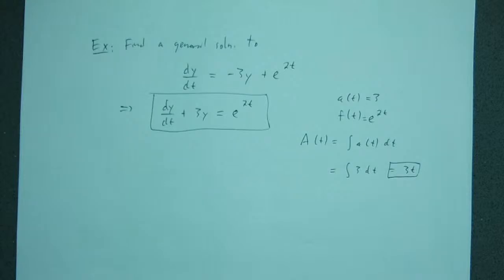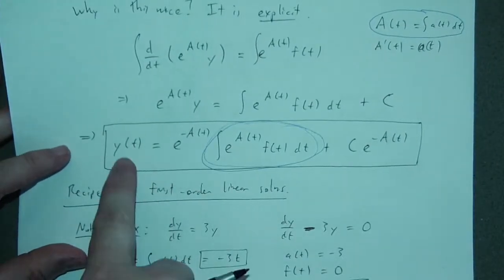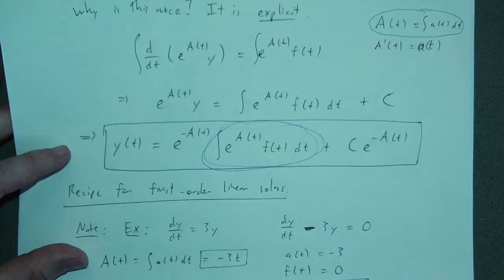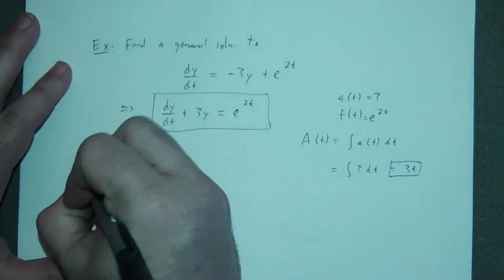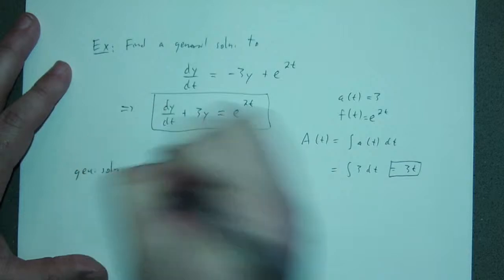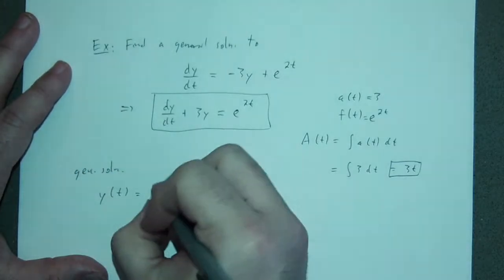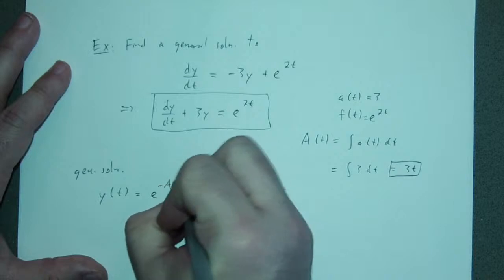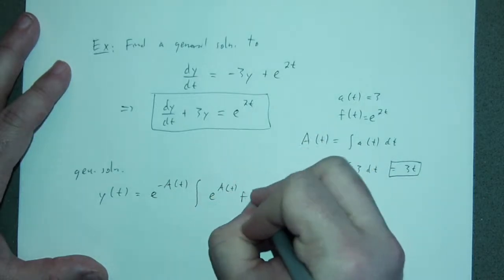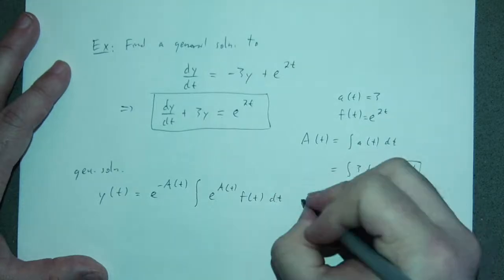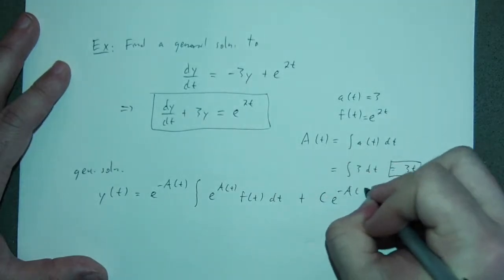So let's go to our recipe here. The general solution should be in this form: y of t is e to the minus big A of t times the integral of e to the big A of t times f of t dt, plus c times e to the minus big A of t.